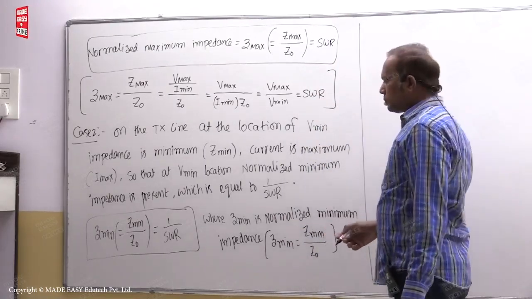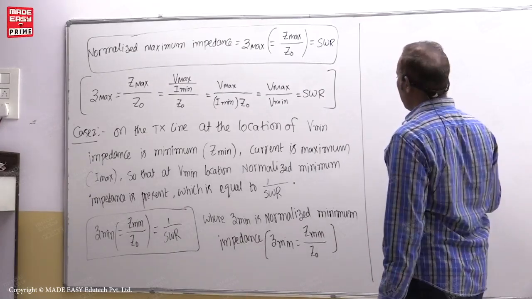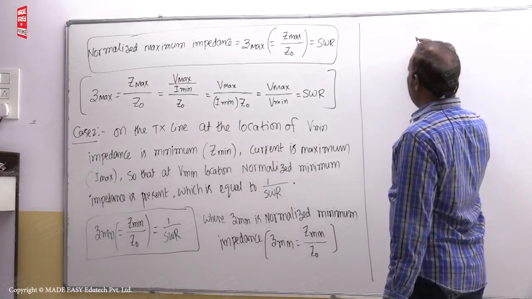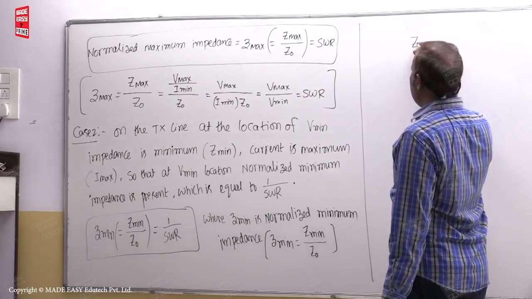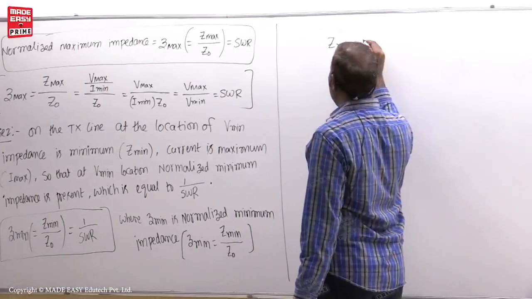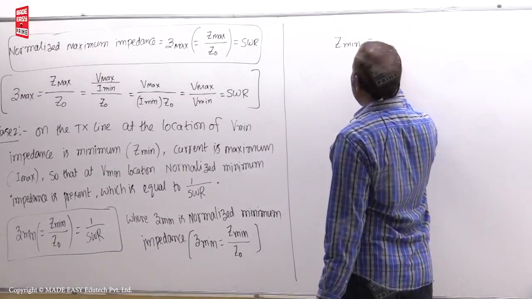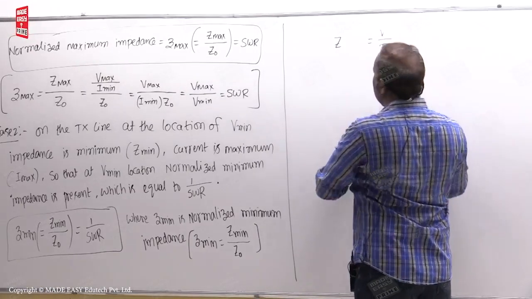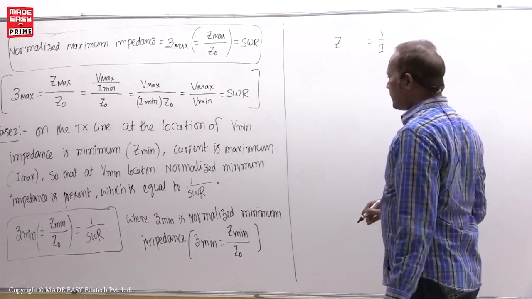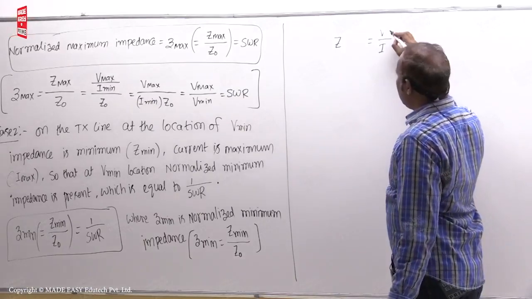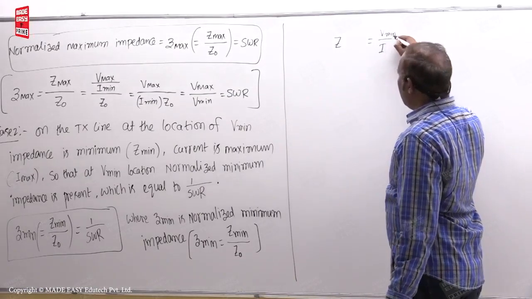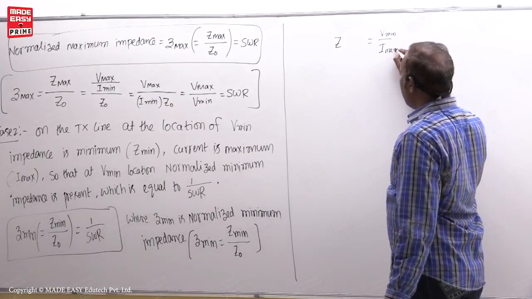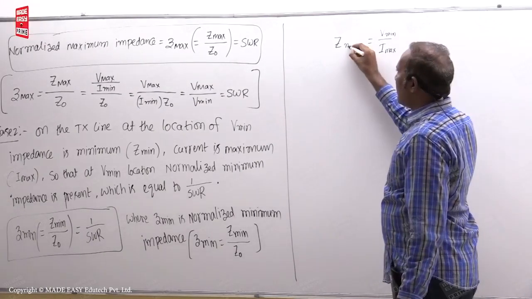So it is like this, student. Here you see, first of all, what is Z minimum? Actually, you students know that impedance is equal to voltage by current. If numerator quantity is minimum, then denominator quantity is maximum, and this will be the minimum then.